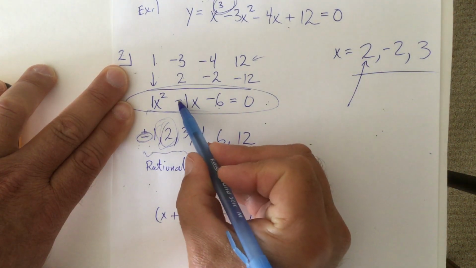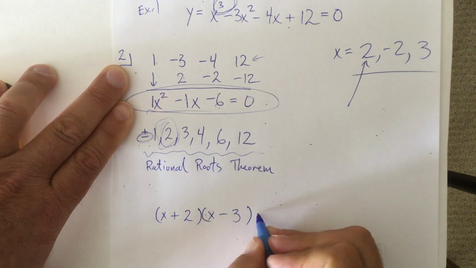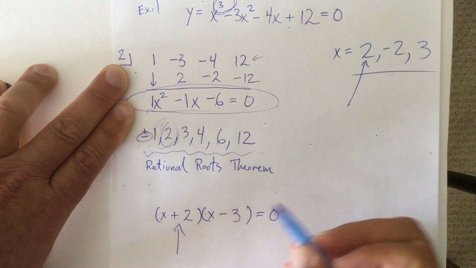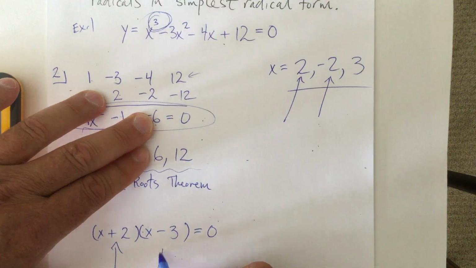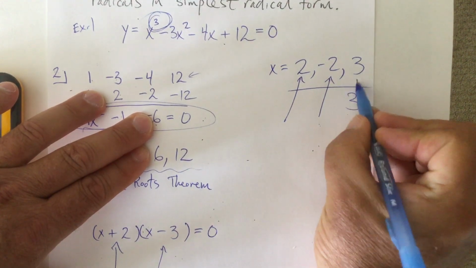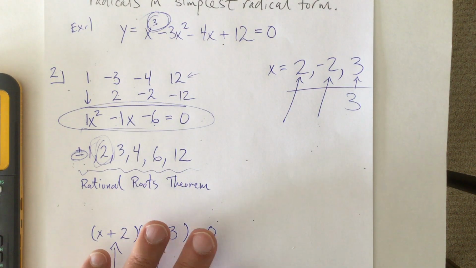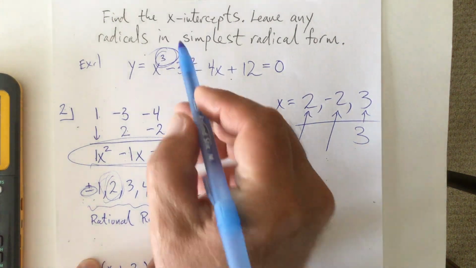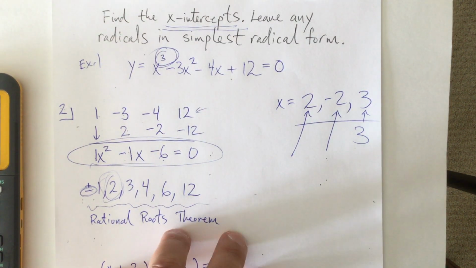I want the middle term to be a -1, so that just forces me to do it this way if I'm going to factor it and set it equal to 0. Therefore, the answer here would be -2, and here the answer would be 3. I have solved this polynomial equation. Solving a polynomial equation is what allows us to find its x-intercepts.